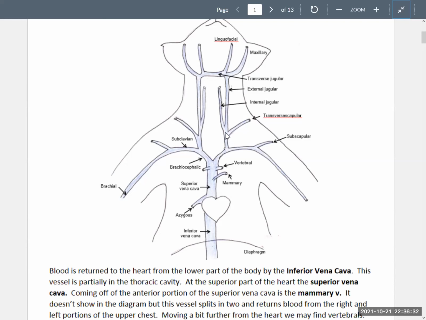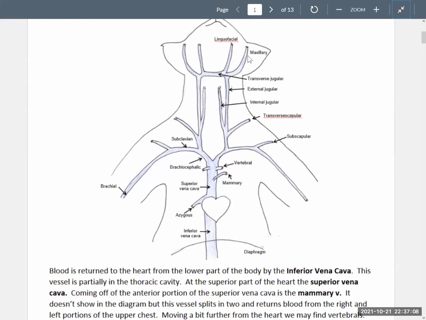Moving up, on the inner side is the internal jugular. Not visible on most cats, but when it is visible, it's very, very obvious. The internal jugular and the external jugular. The external jugular proceeds upward, crosses over at the transverse jugular, okay, and can proceed back down to the other side.